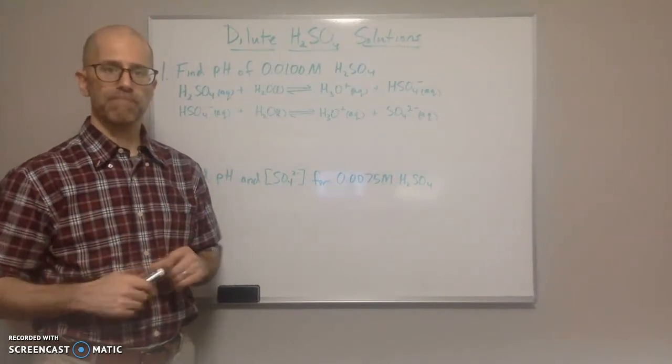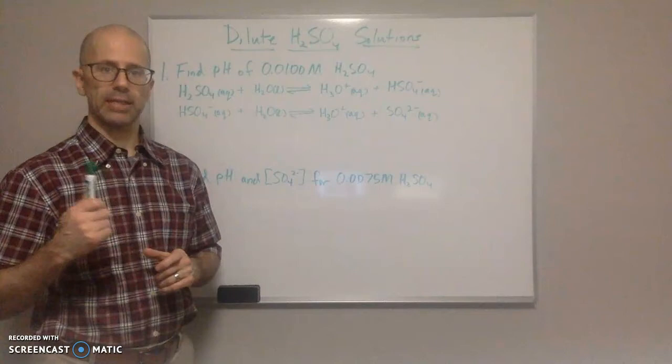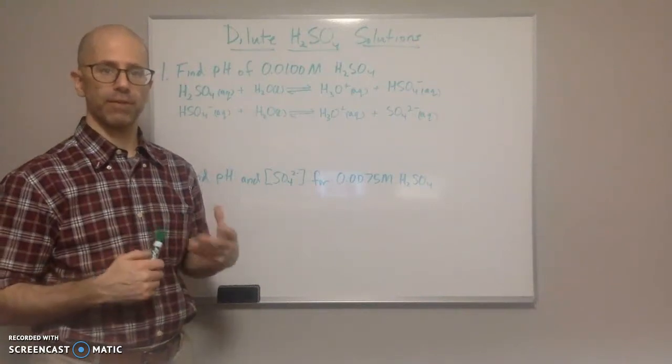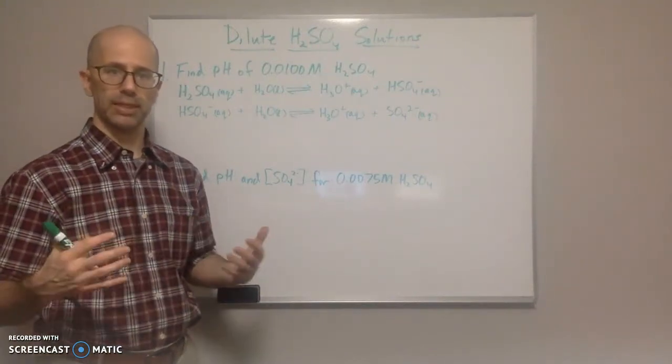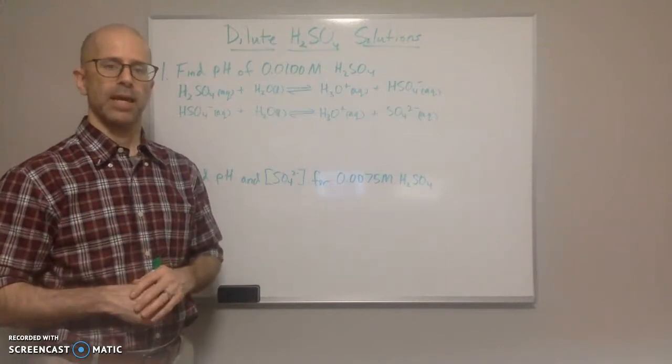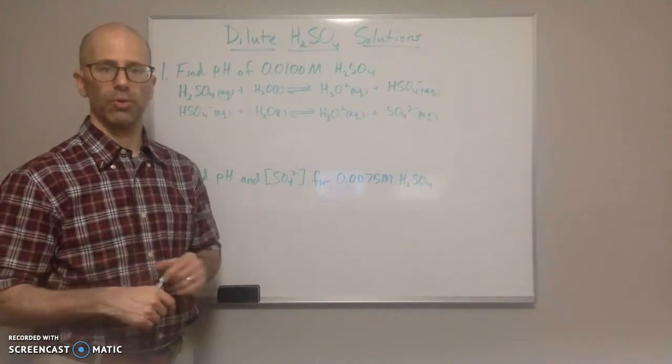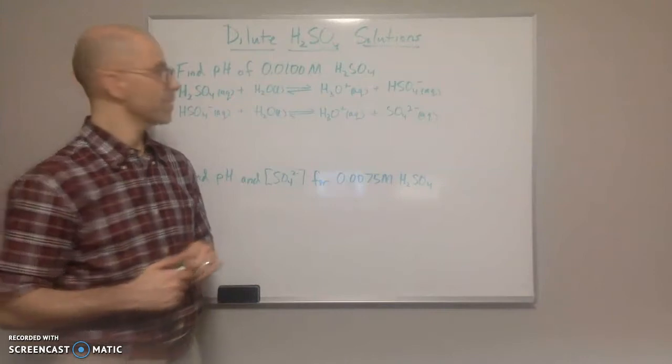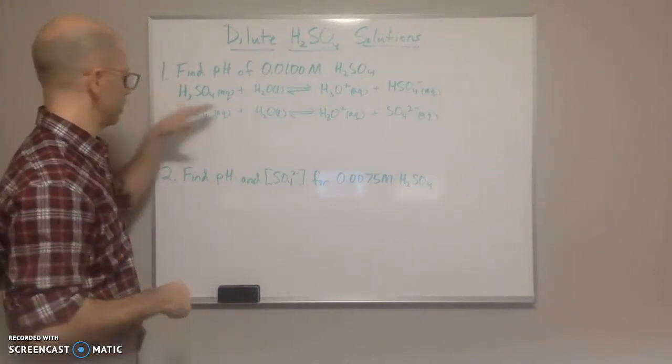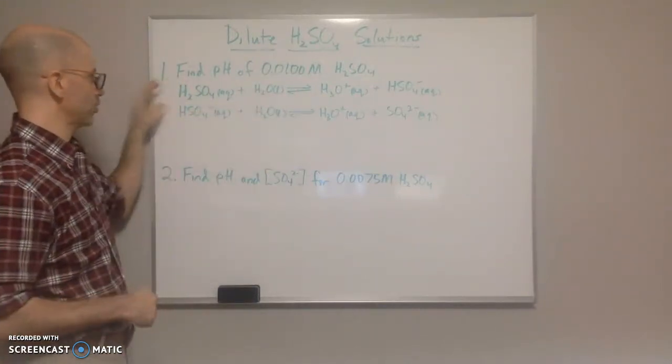One of the things that makes it easier is you can treat the first proton as coming off completely because it's a strong acid, and then start with that when you're doing your ice chart. So for example, here are the two equations.